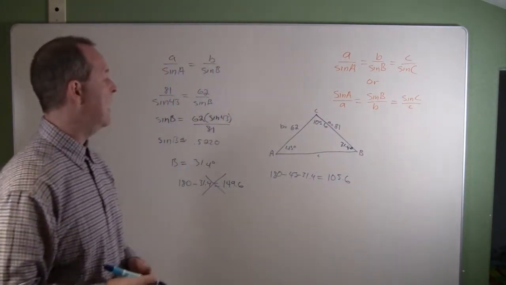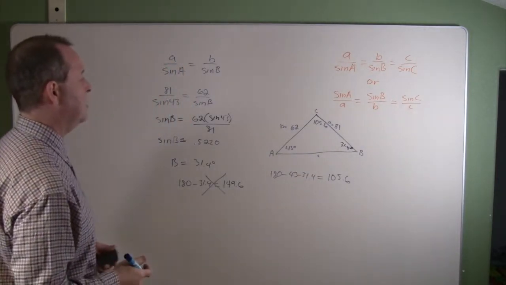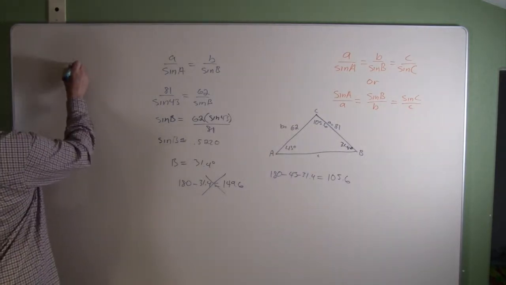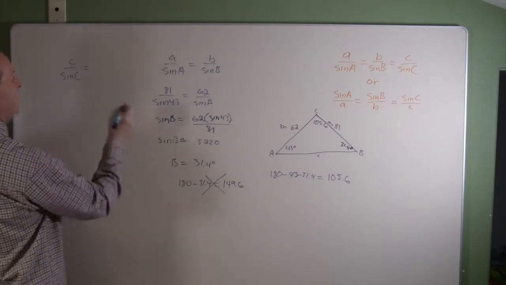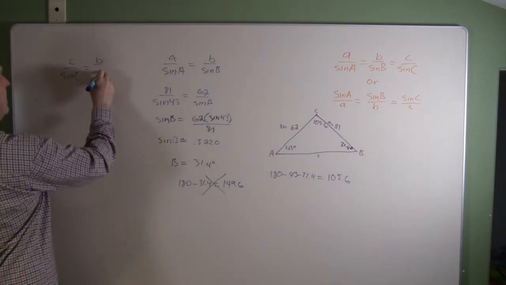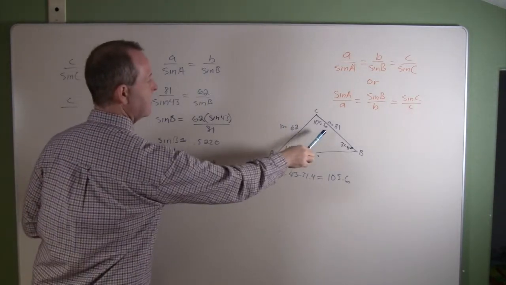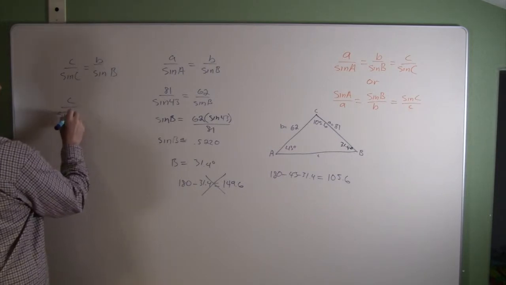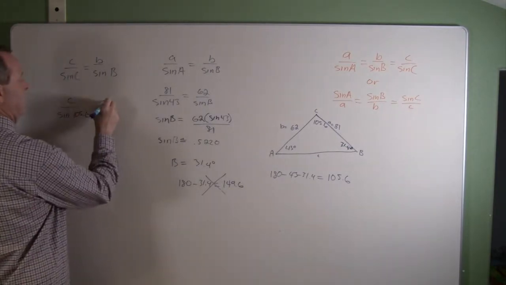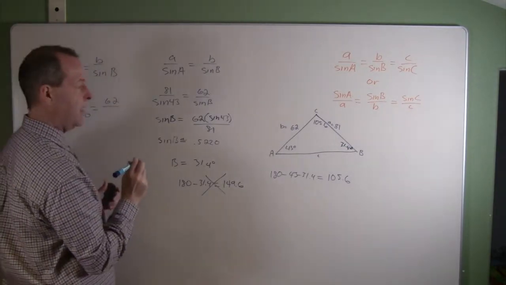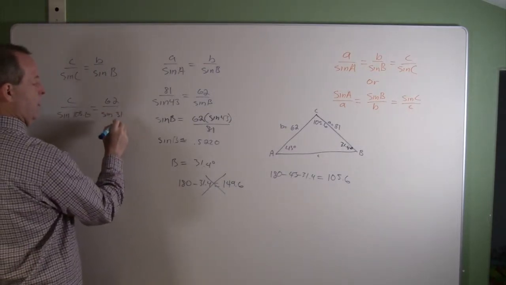So I found that remaining angle, and then to find side C, I can look at a couple of ratios. Let's look at C over the sine of C, and something I already know, B over the sine of B. So C over the sine of 105.6 equals 62 all over the sine of 31.4.